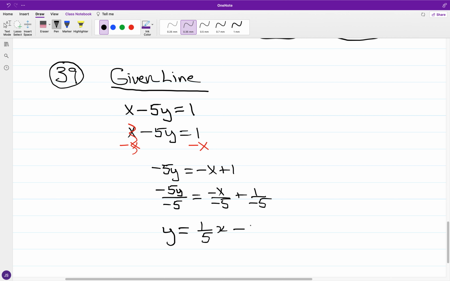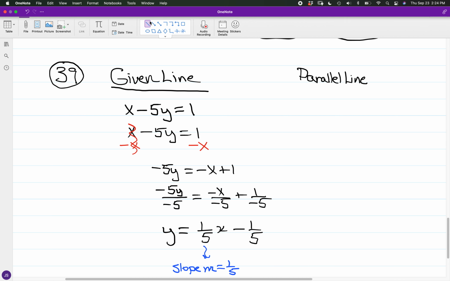Okay, now for the parallel line. Parallel lines are going to have the same slope, so the slope is going to be 1/5.